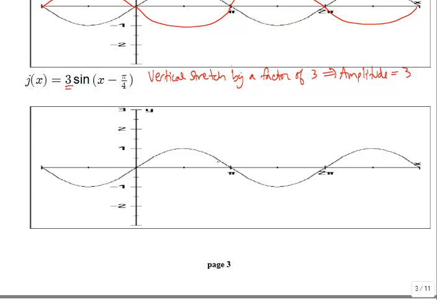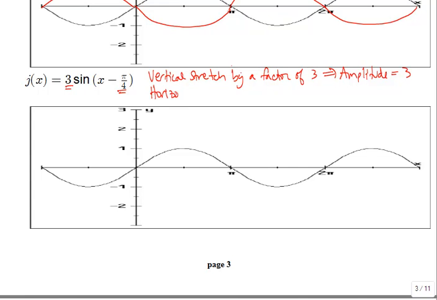Now before I can draw this graph, I also have to recognize that I have this minus pi over 4. There's no coefficient in front of that x, so I don't have to worry about any new period or anything like that. All I have to recognize is that this minus pi over 4 is inside of the parentheses next to that x, which makes it a horizontal shift.